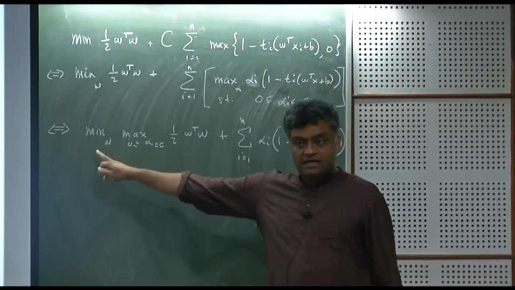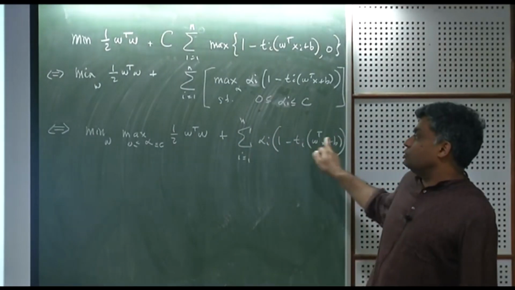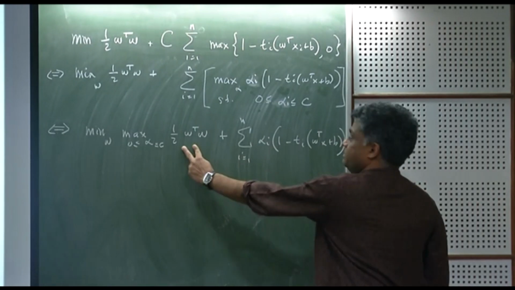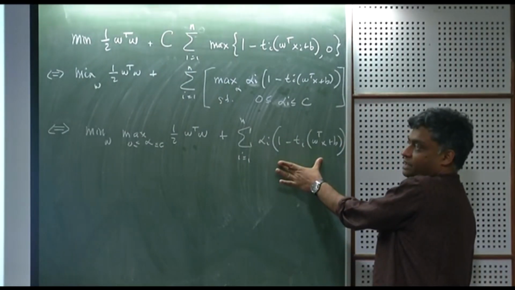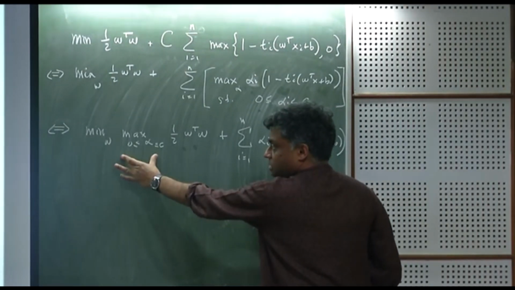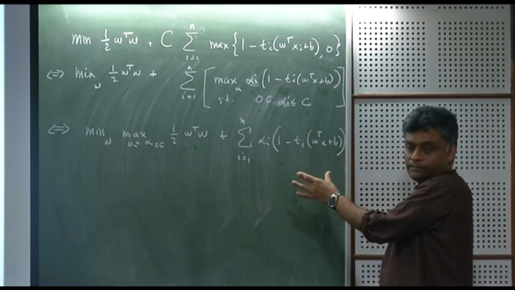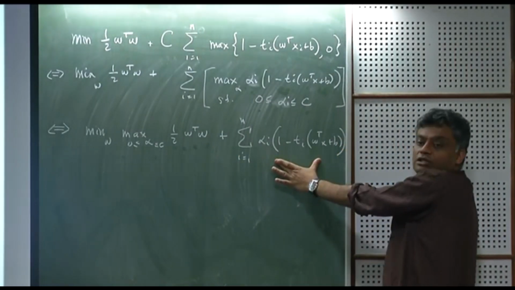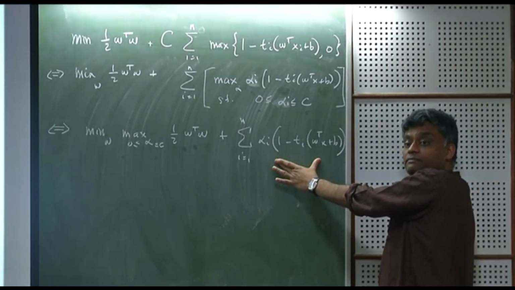For the one who's minimizing, the function should be a convex function. So this is a convex function of W. Here it's a linear function of W, so the whole thing is convex in W. The one that is maximizing should have a concave function. This one doesn't depend on alpha, I don't care about it. This is a linear function in alpha, so it's definitely concave.